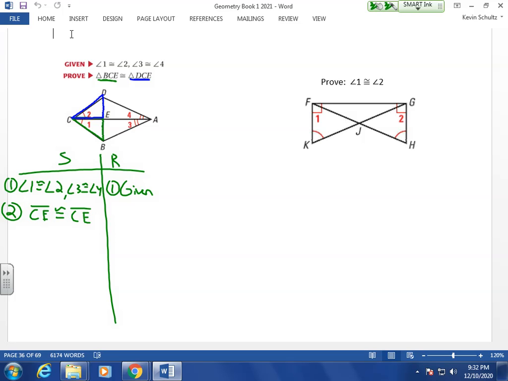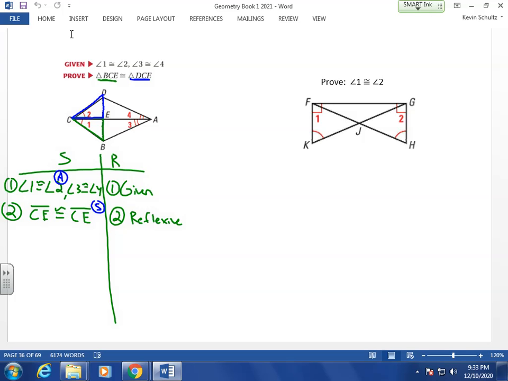But that is reflexive. So already I've got one angle and one side, and I'm looking for another angle, another side.